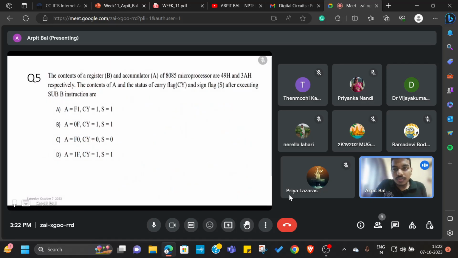Okay, so moving on to the next question. The next question is related to the contents of the accumulator. There is one operation being performed here, and we need to figure out the content of A as well as the status of the carry and sign flags.